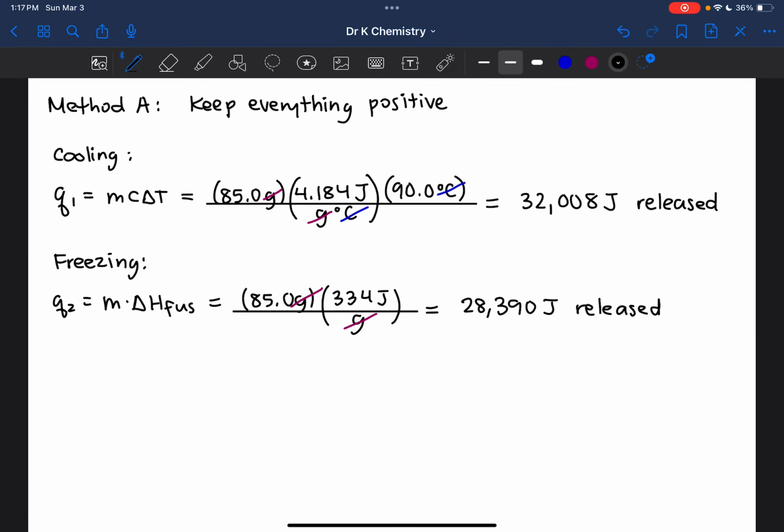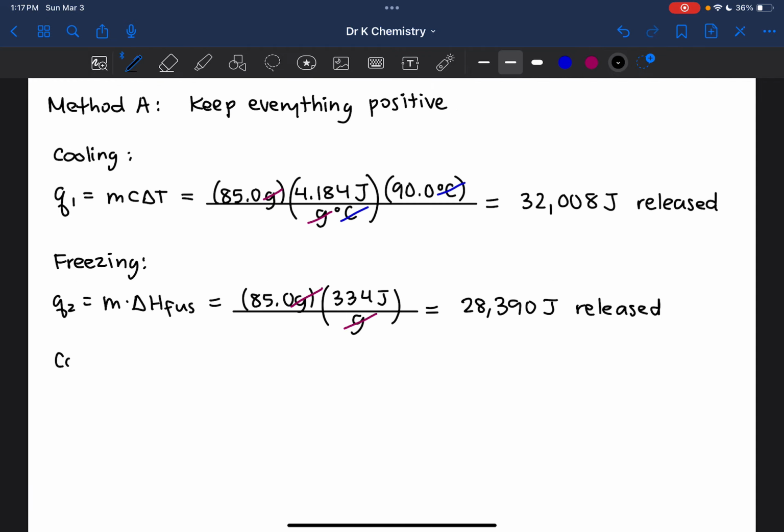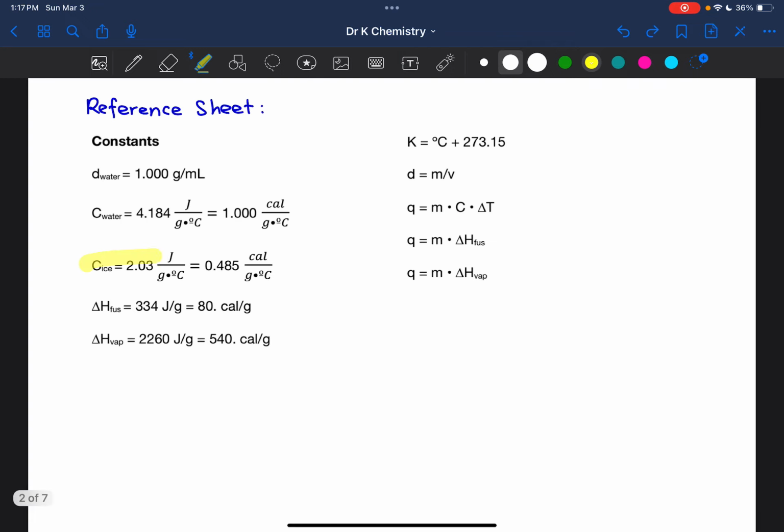Okay, and step 3 was cooling. And the equation for that, and again, we have to be careful because here we have ice and we're ending up in ice. So we actually need a different specific heat value. We need the specific heat of ice, which is this one. So make sure you don't mix it up with the specific heat of water. We have to know which phase we're currently in.